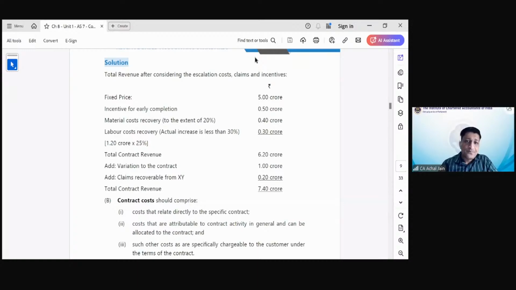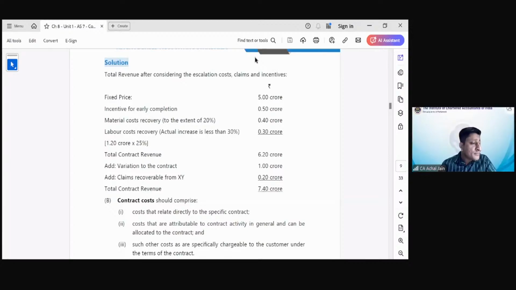Okay, now as far as the labor cost is concerned, if you look at the labor cost, this was 1.2 crore. Labor cost has gone up by 25%.